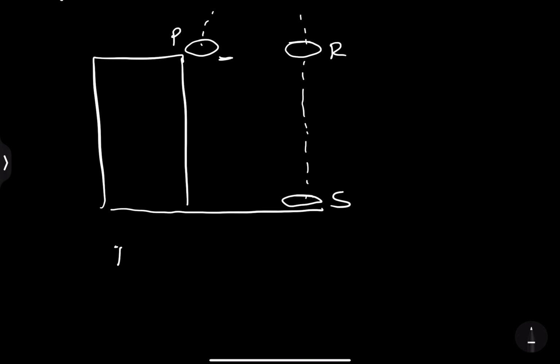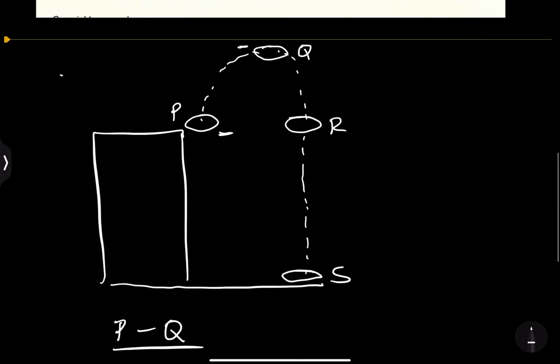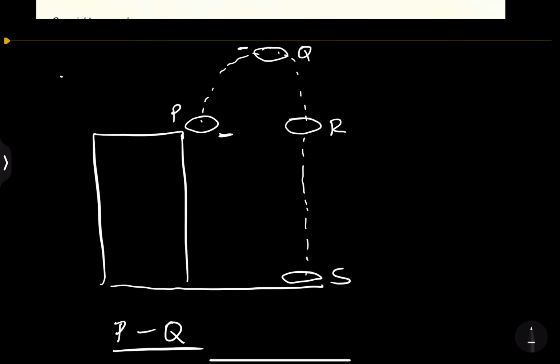So let's gather all the information that we need. From P to Q, what is our initial velocity? Before I forget, remember that when it comes to projectile motion, please always choose a positive direction. I'm going to take upwards as positive.